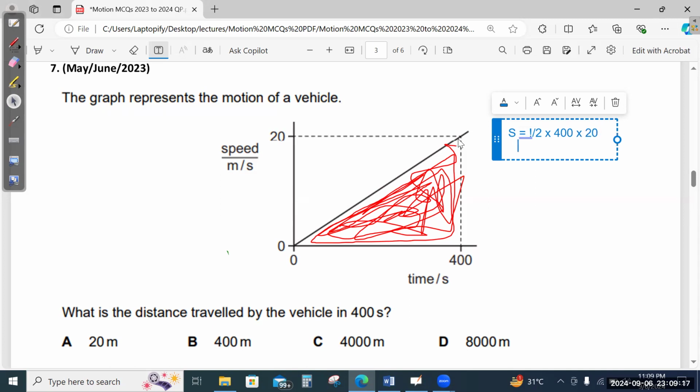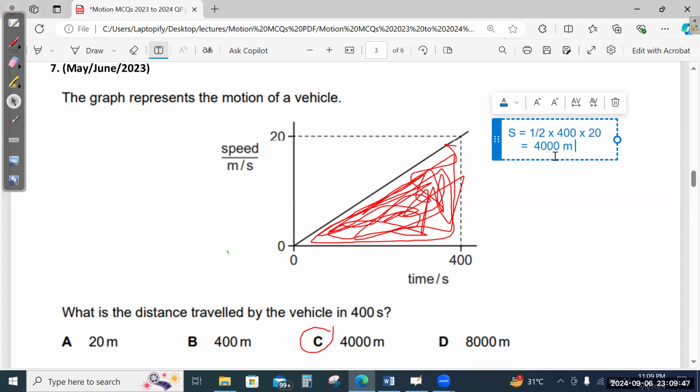So you will get the answer: 400 multiplied by 20 divided by 2. So 4000 meters will be your answer. Okay, your answer will be 4000.